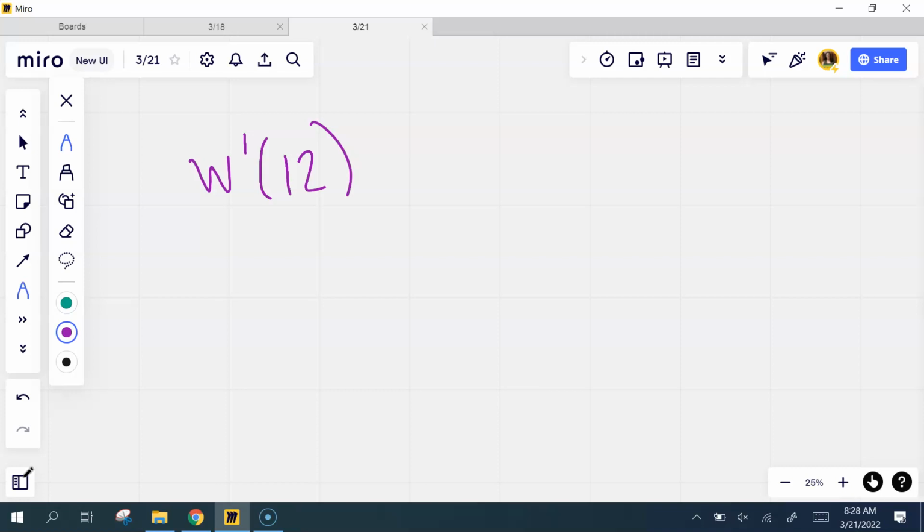So to find this, I don't have a 12, so I estimate with the two closest values, one above and one below, right? So I did W of 15 minus W of 9 over 15 minus 9. So that's the Y over the X, just your basic rise over run.